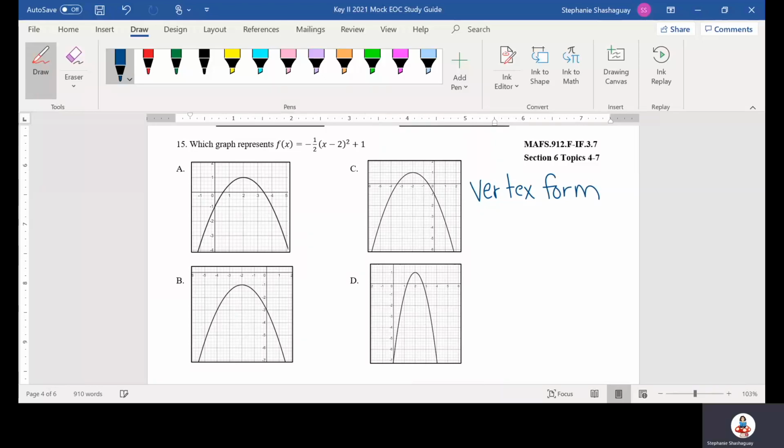And if we have a function that's in vertex form, meaning we have our h and our k, we know that our h, k here is going to be 2, 1. So that's our vertex. It will be at 2, 1.